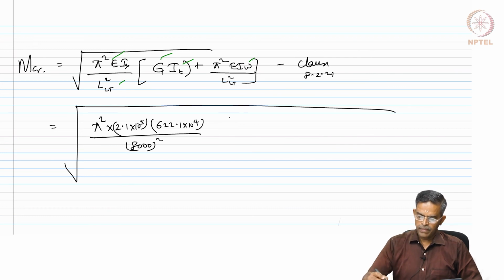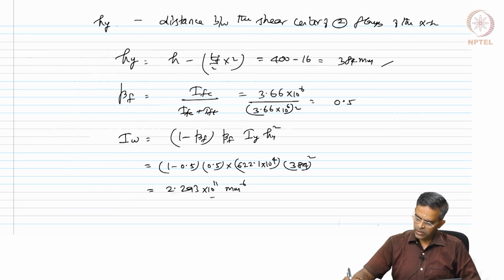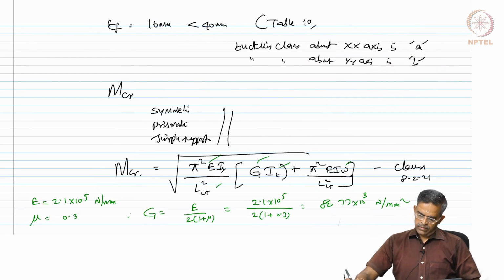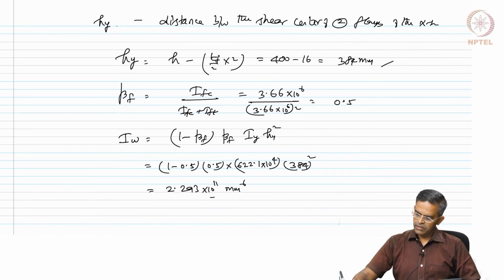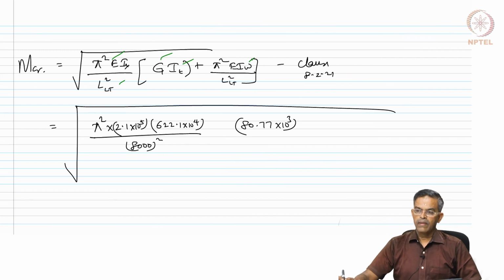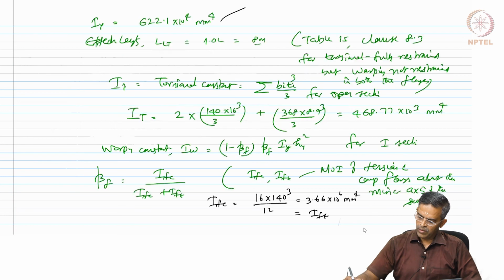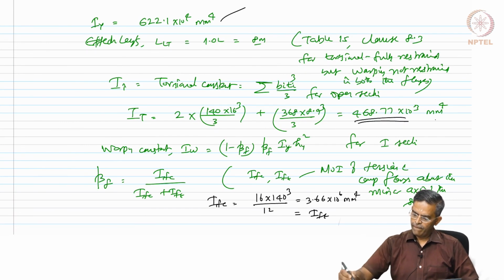Then 80.77 10 power 3, that is my G value. It is 468.77 10 power 3, that is my It value.